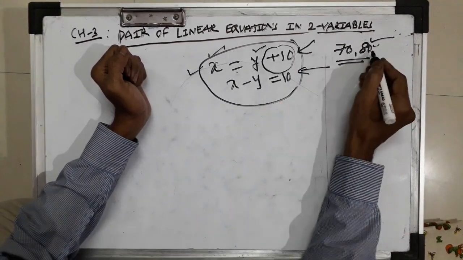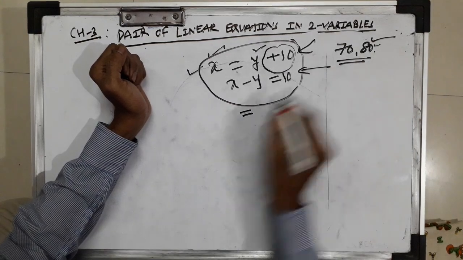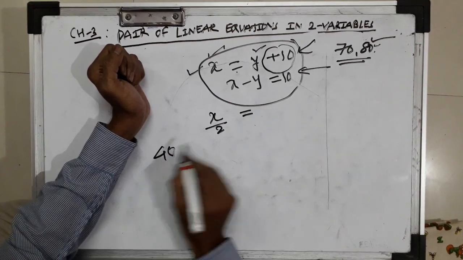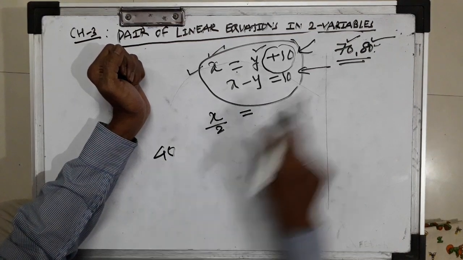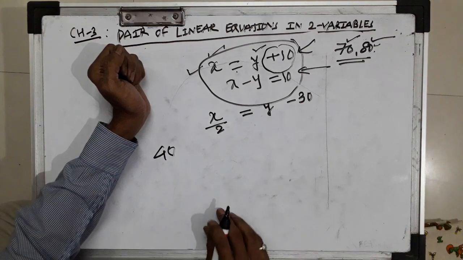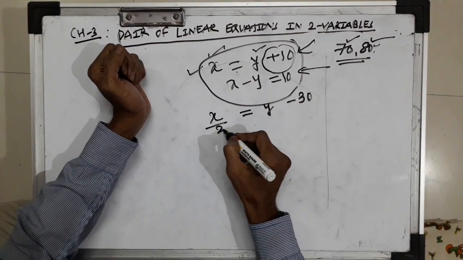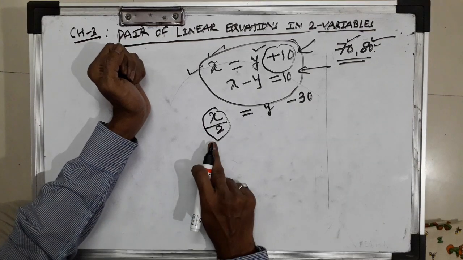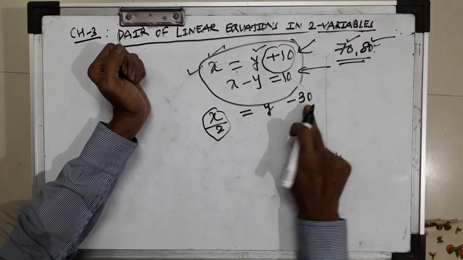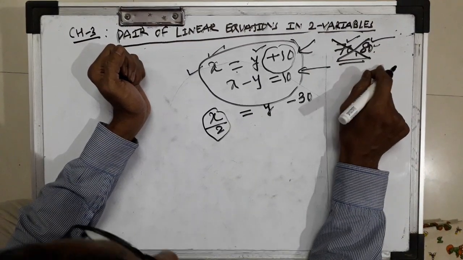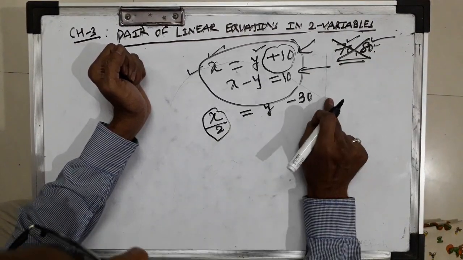And another way: if we take half of the larger number, it is 40, right? Half of the larger number is 30 less than the other number. If we take half of 80, it becomes 40, and 40 is equal to 70 minus 30. Again it balances. These numbers they are not going to give you, but only how to form the equations.